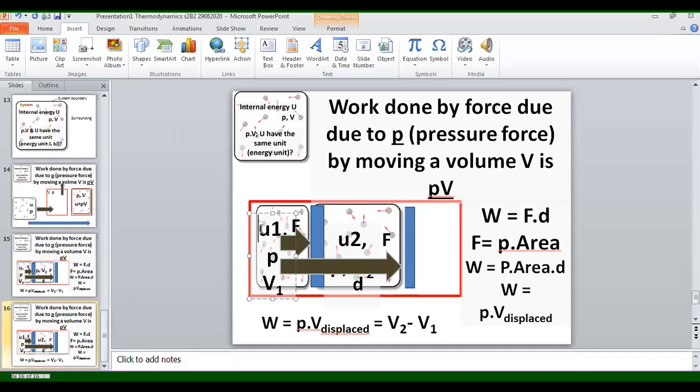So this one I will put as big U, because that is for the same mass.